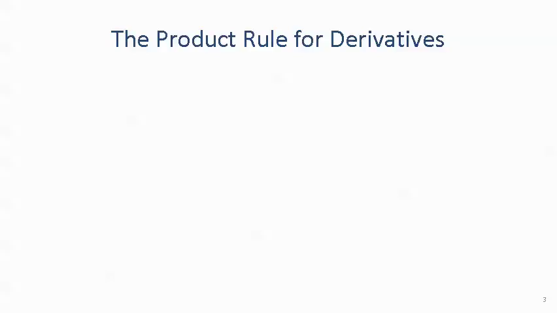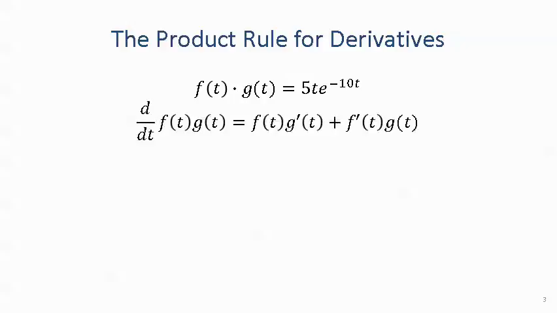So let's look at the product rule for derivatives. Starting with our problem, f of t times g of t is 5t, that's f of t, times e to the minus 10t. The derivative is defined as the first function times the derivative of the second function plus the second function times the derivative of the first function.